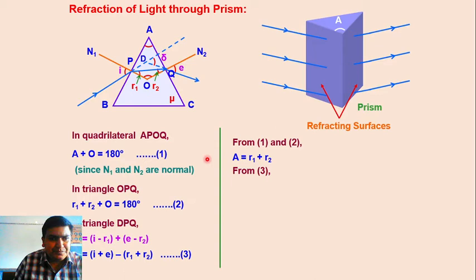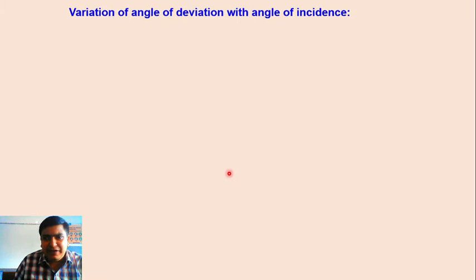This is a very important relation which we have derived here. On the basis of this expression, we can determine our further equations for the refraction of light through the prism. Next is the variation of angle of deviation with angle of incidence. This is a very important fact on the basis of which we can determine the formula.